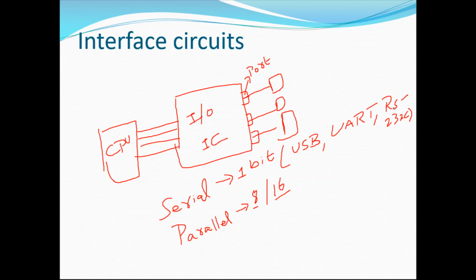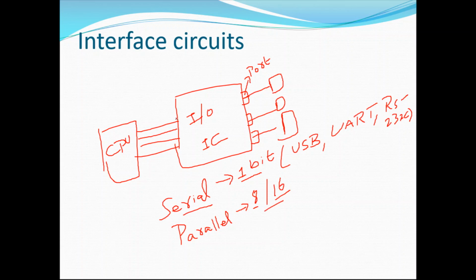If you want to connect any device to an Arduino board, you have to interface through RS232C, that is a serial port. Such microcontrollers also come with RS232C. So this is the overview: a serial device can transmit and receive one bit at a time, whereas a parallel device can transmit and receive 8 or 16 bits at a time.